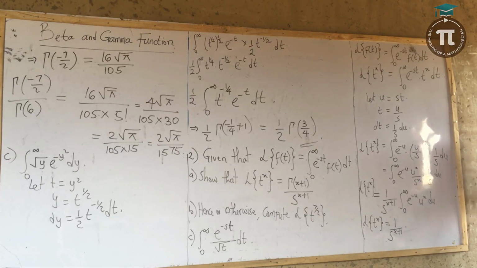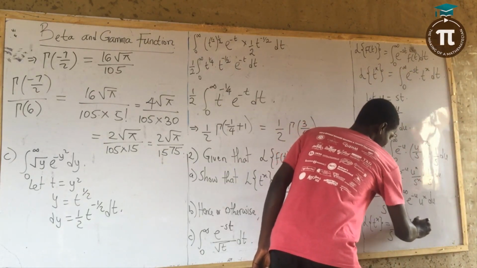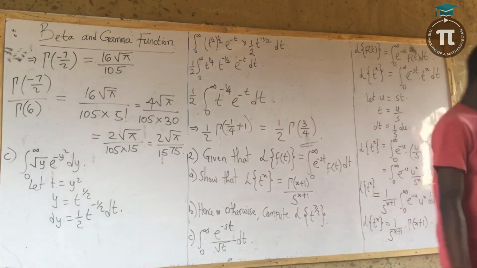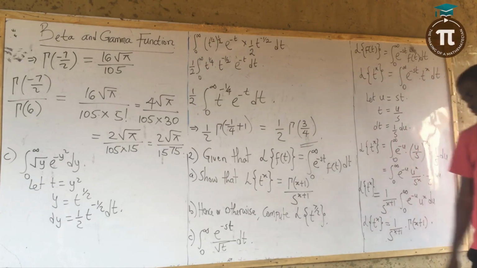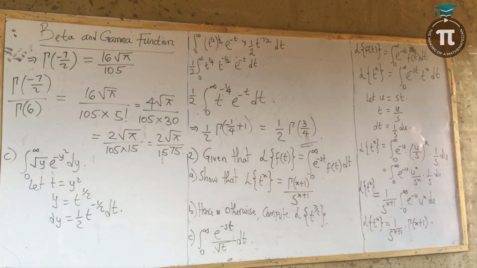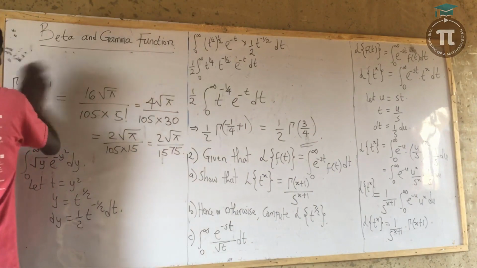This is exactly the definition of gamma function. So this is gamma of s plus 1, and we are through with what they asked us to do. Therefore, Laplace of t raised to power s equals gamma of s plus 1 all over s raised to power s plus 1. Let's go to B.